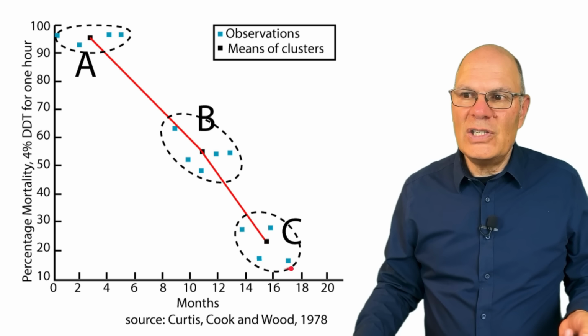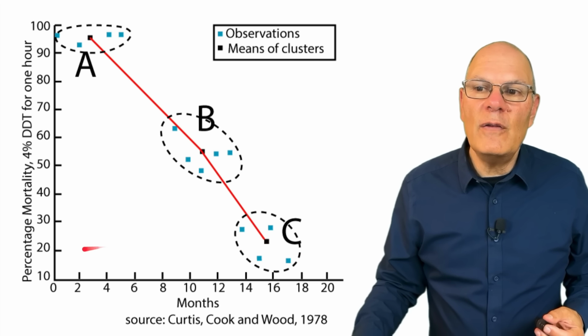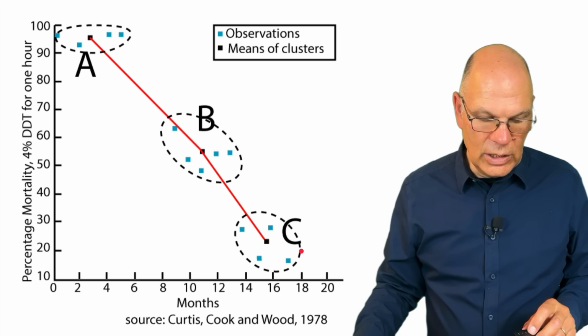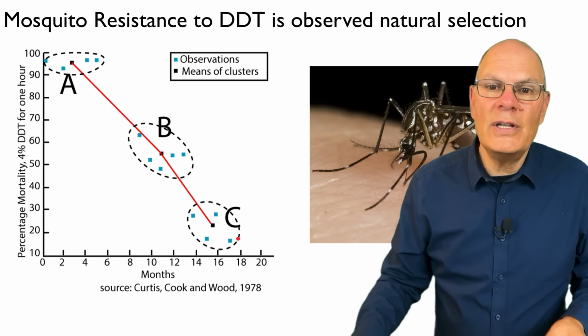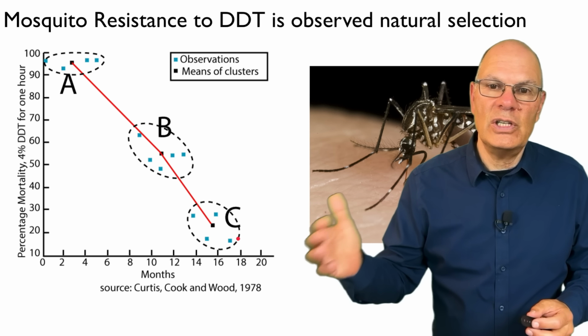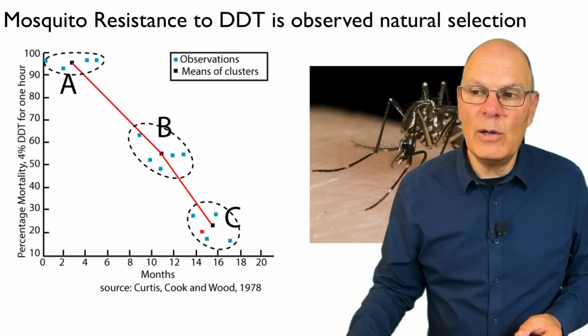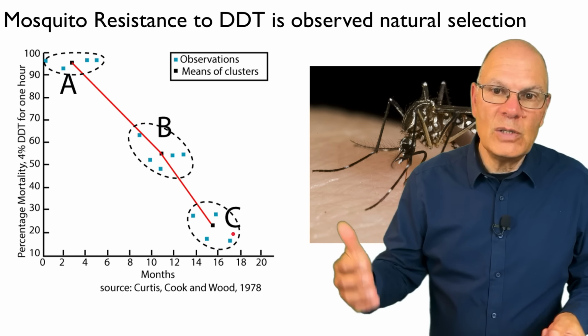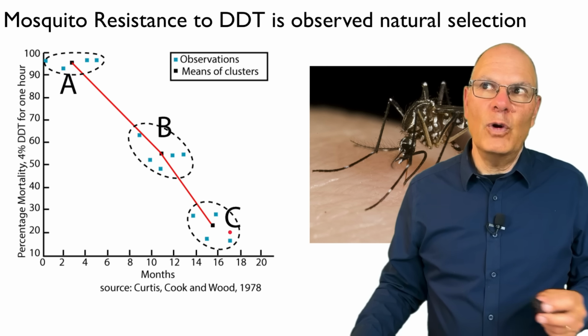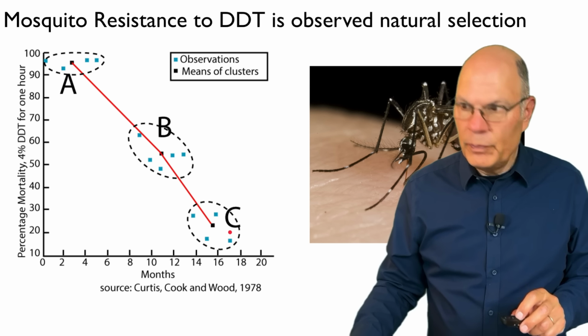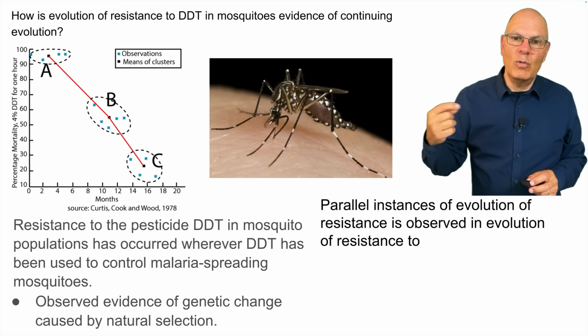And then after about 16, 18 months, very few of the mosquitoes are being killed. This is observed genetic change. There's some gene that's producing some protein, and that gene is increasing in frequency throughout the population, caused by human selection for DDT-resistant mosquitoes. This is not the only example of the rise of resistance.